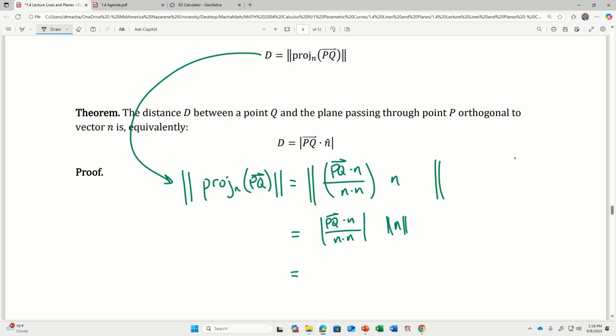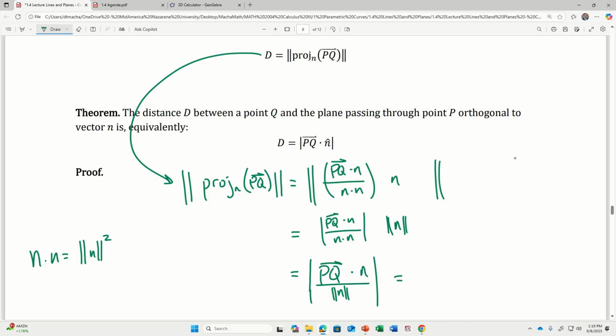Only you also know, you remember that n dot n is the same thing as the norm of n squared. It's one of our properties of the dot product. And so this would be like having PQ dot product with n divided by the norm of n, absolute value. Because there's a norm of n in the numerator and there's two norm of n's in the denominator there.